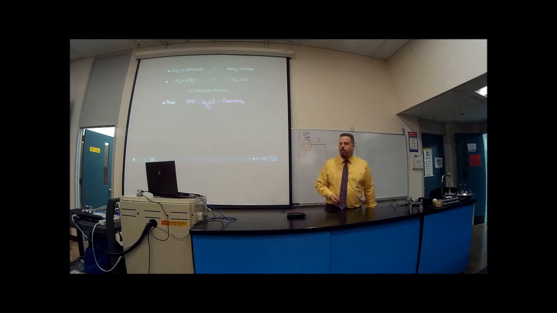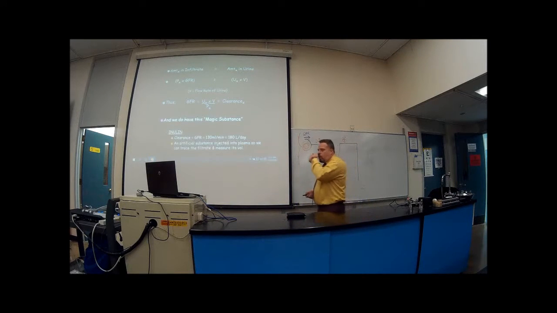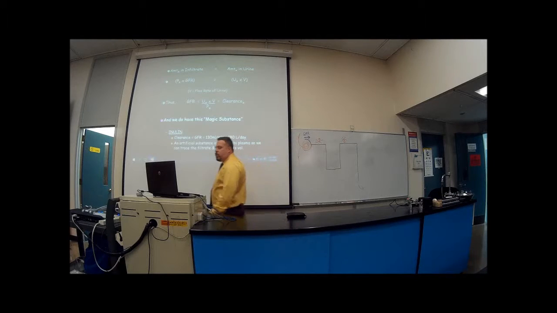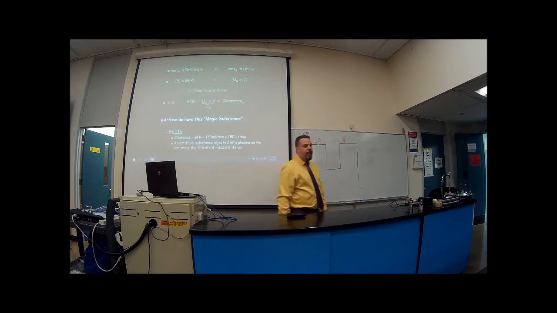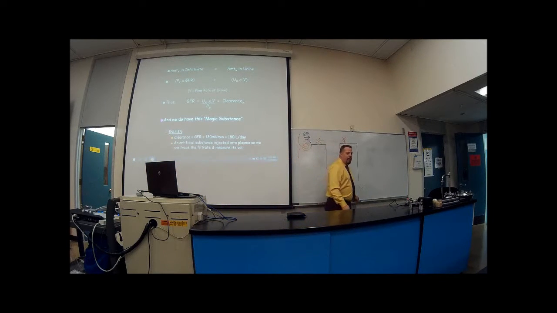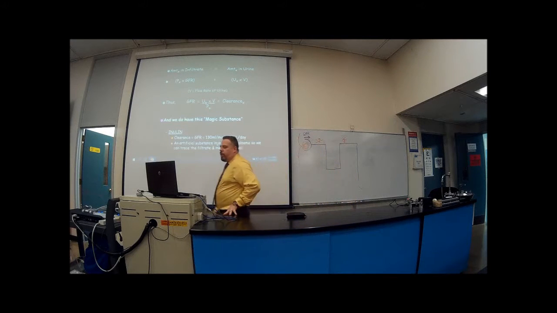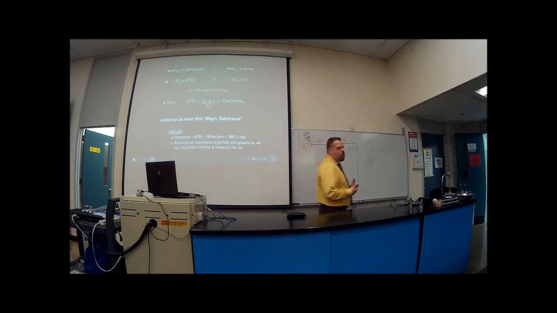Okay? So we do have this magic substance. It's called inulin. It is not insulin. It is far from it. It's totally different. That's where spelling counts on this thing, right? Inulin, not insulin. Inulin is a synthetic, artificial substance that man has created, and they can inject it into the person.